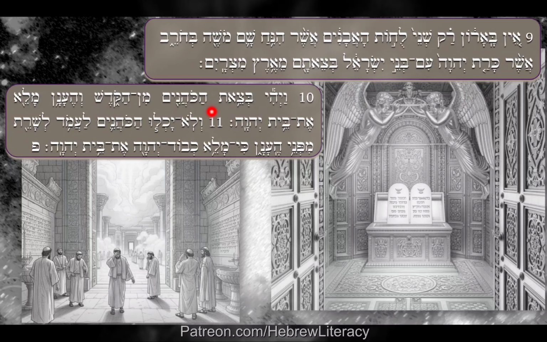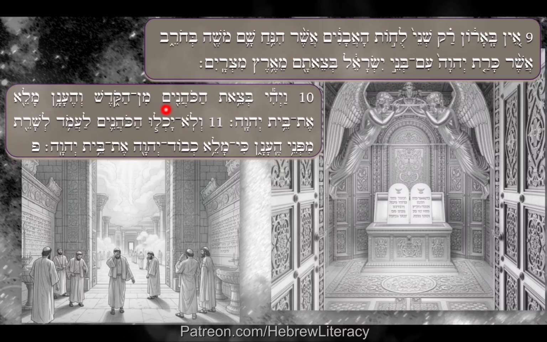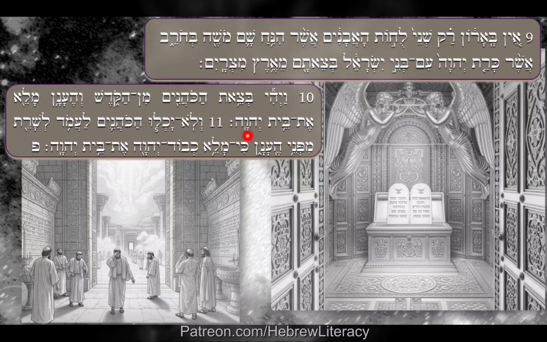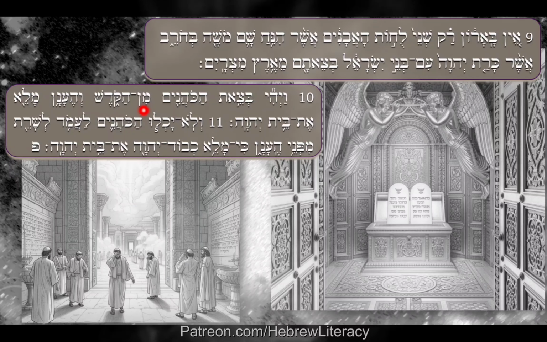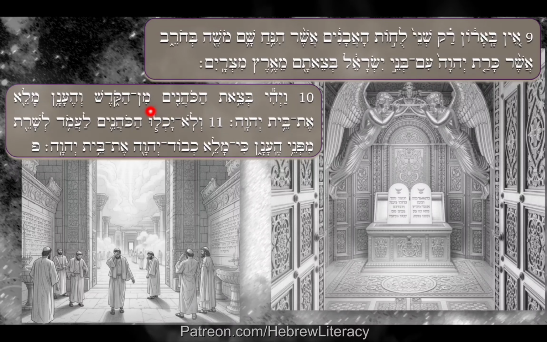Verse 11. Velo yachelu hakohanim la'amod l'sharet mipnei he'anan ki malei chevod Adonai et Beit Adonai. Okay. Velo, and not, yachelu, from yachol, to be able. They were not able, hakohanim, the priests.